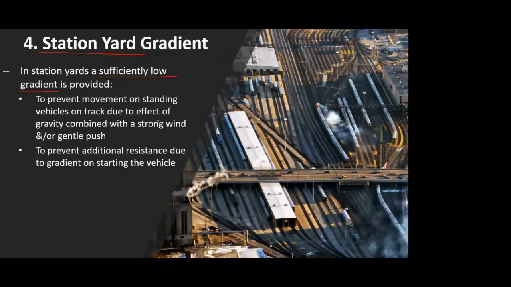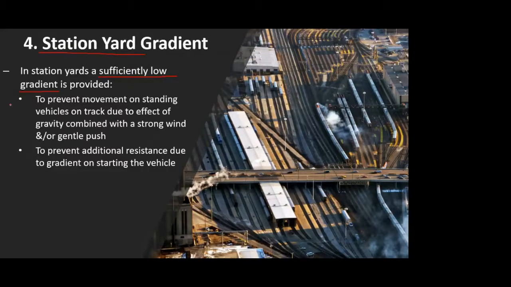If an error has been made in designing the station yard gradient and it is steep, then though the train is just parked, if there is a gush of strong wind, under gravity your train might start moving.